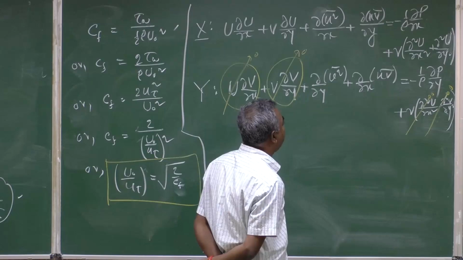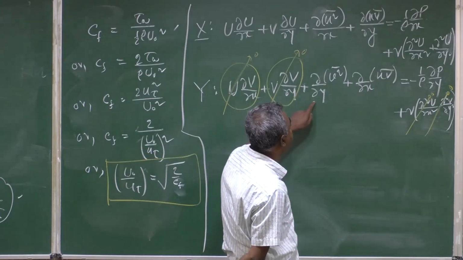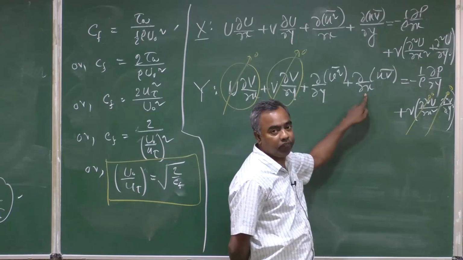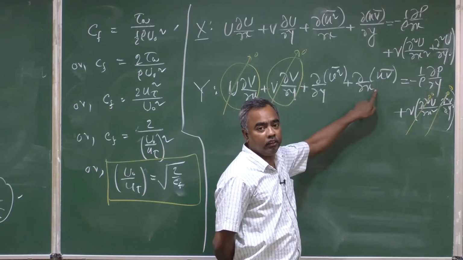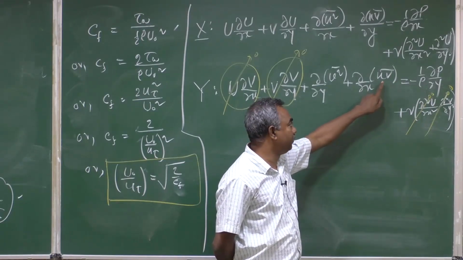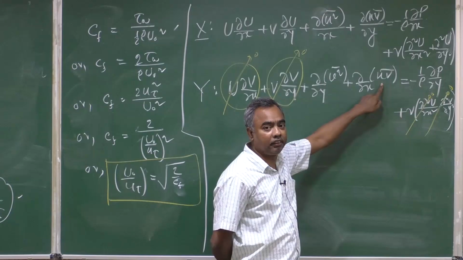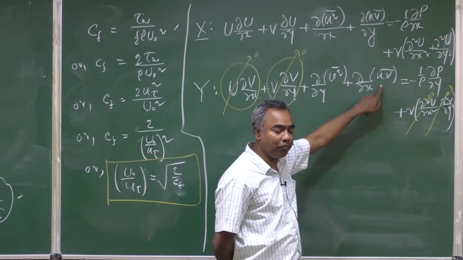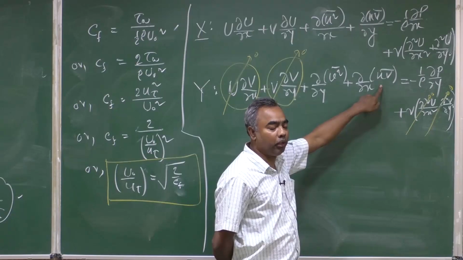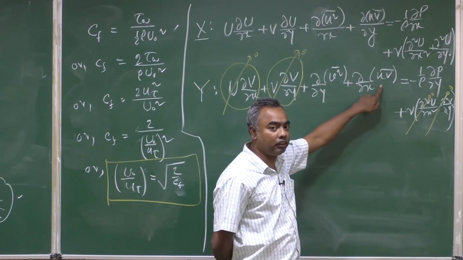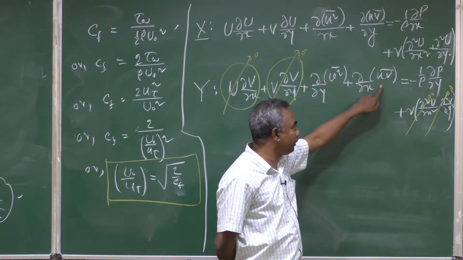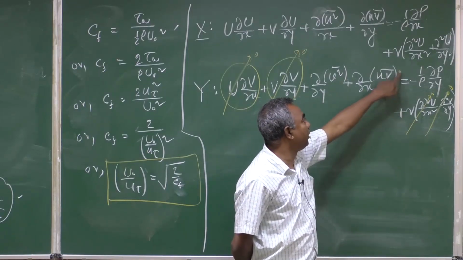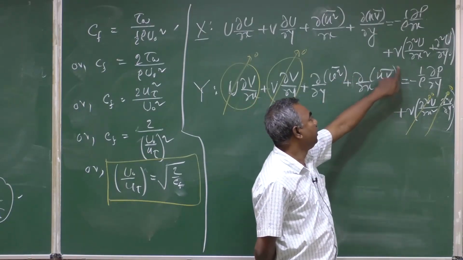So, we can apply here, and finally we will be able to get this equation. But since these turbulence statistics are much smaller, the streamwise gradient of these turbulence statistics can be considered much smaller as compared to the wall normal gradient. So, this particular term also can be neglected.